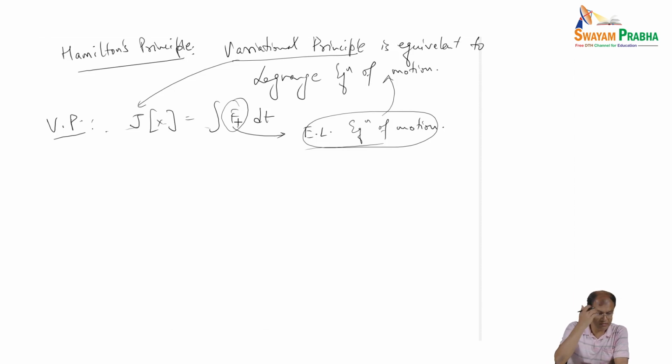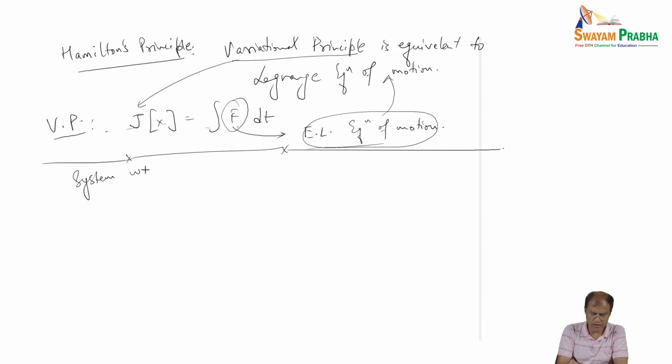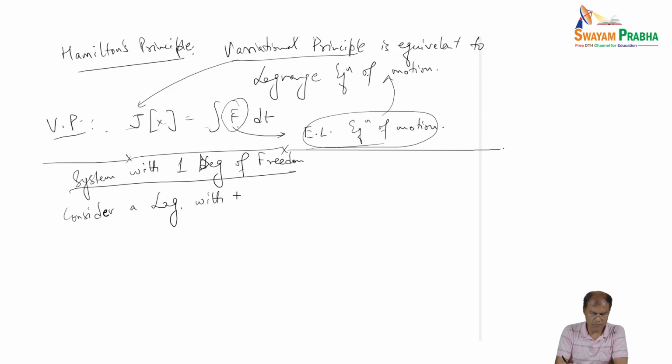So let us say we consider a system with 1 degree of freedom. Okay, 1 degree of freedom. And let us say we consider a Lagrangian with a single coordinate, generalized coordinate q, right?